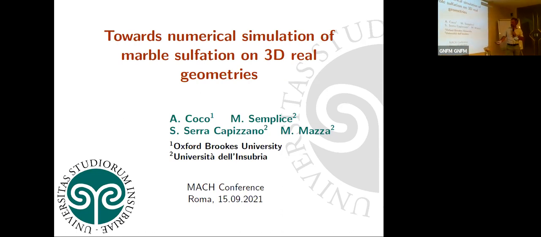And then Stefano Serracapitano and Maria Rosa, whose contribution will remain in the shade today, because they are numerically skilled, and they are the people that can actually make these computational methods efficient, and turn a method from running into days or months into numerical simulations that can be performed in something like hours or a day.